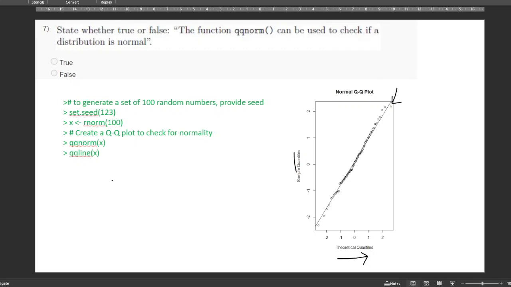To ensure that, we draw a straight line using the standard normal distribution data as the reference. In this case, it is following the normal distribution because it is overlapping the reference line.